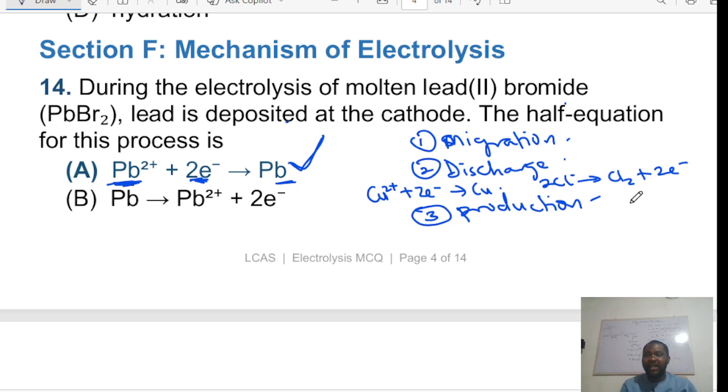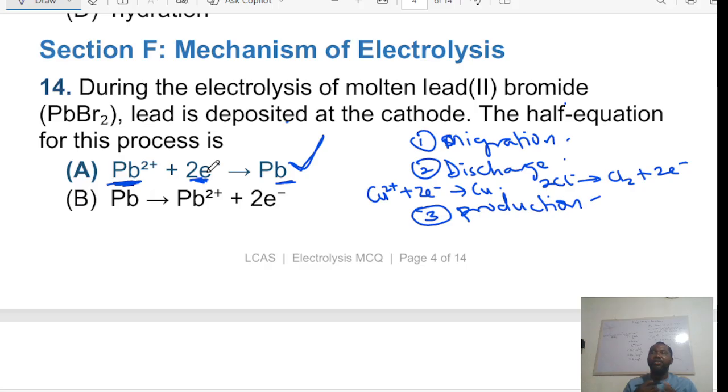The only gas that can be produced at the cathode is hydrogen gas, because hydrogen is the only substance that is electropositive but a gas. So apart from hydrogen gas, what we always have at the cathode is metals, and that happens when the metallic ion gains electrons.